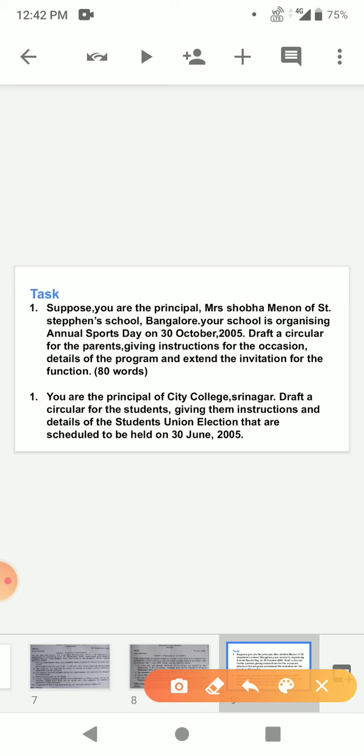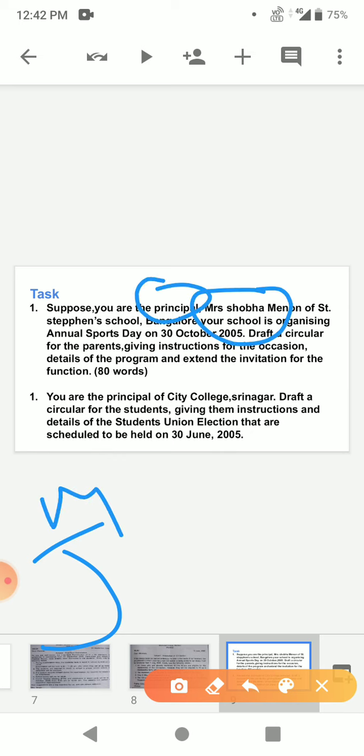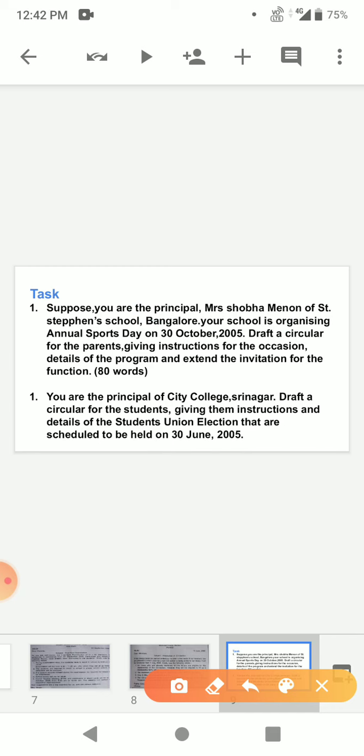And yes, one more important thing, since you are inviting parents of the students, you will mention the time also, time, date. You will mention, this is important. The program will begin at like 9 and will end at 2 or 3. So then at the end you will write your name, you are the principal, Mrs. Shobha, and your designation, principal.